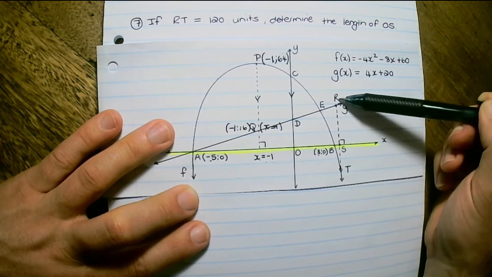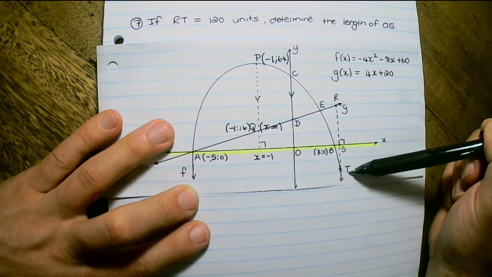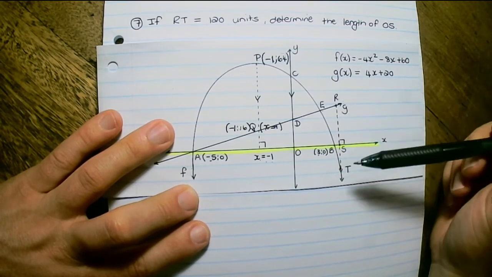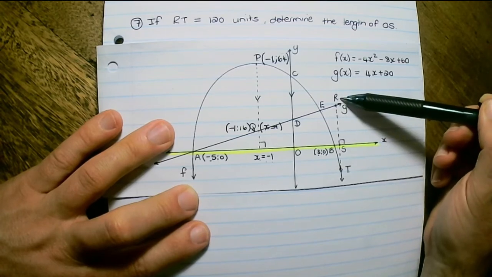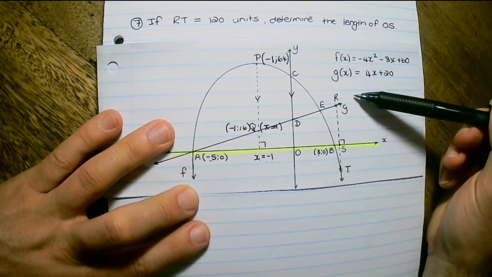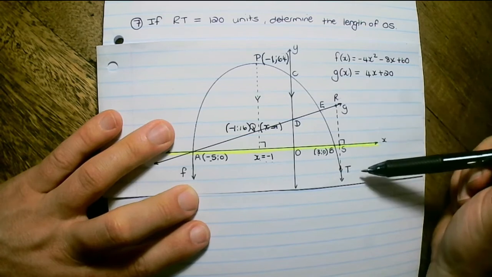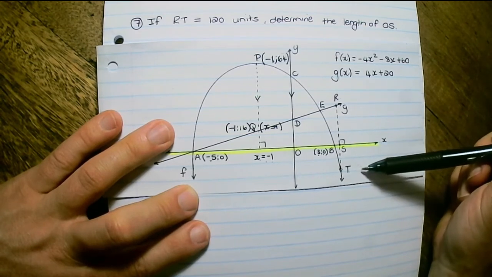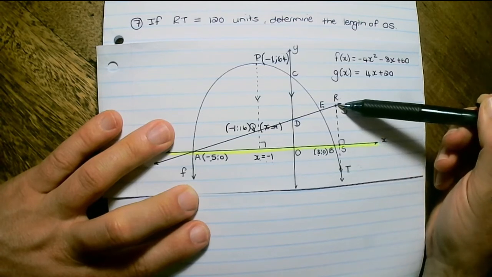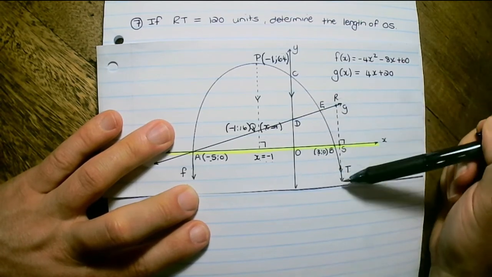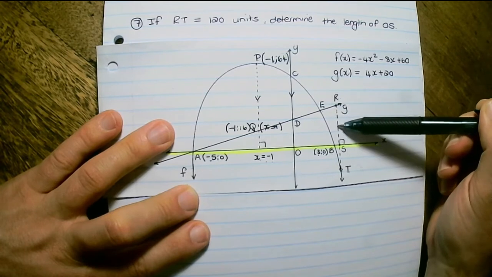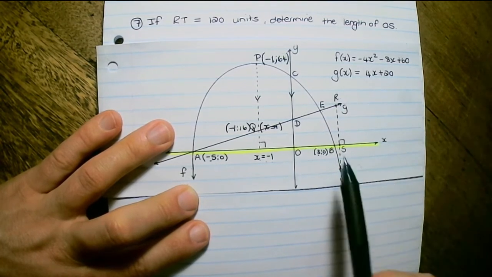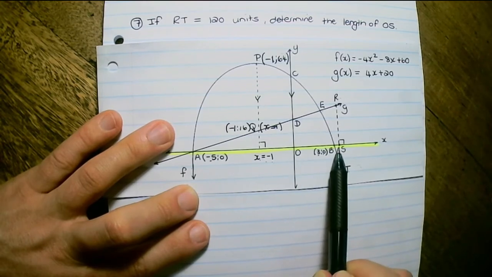So the coordinates of R and T share the same x values. And also we can see that R is higher than T, so the y value would be more for R than the y value of T. R is on the straight line and T is on the parabola. And this distance is given as 120 units. And what we want to find is OS.